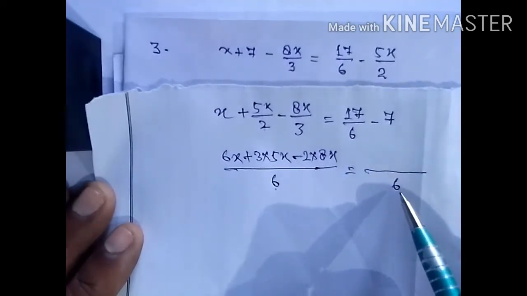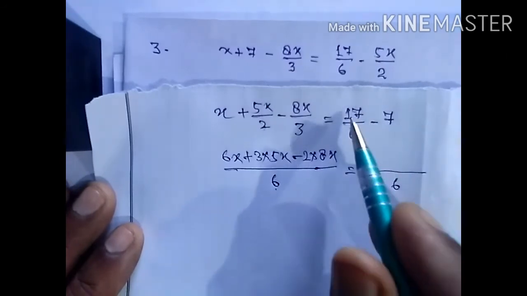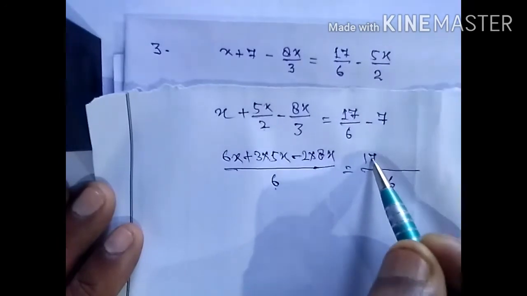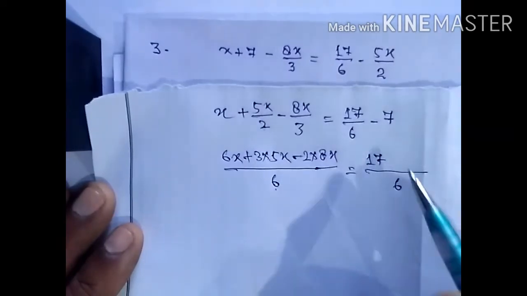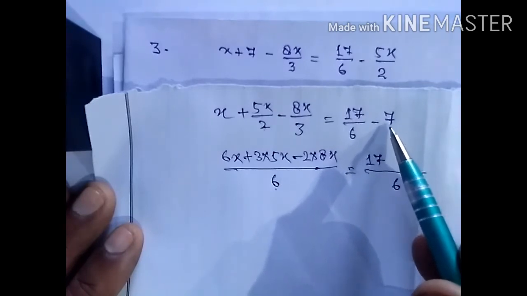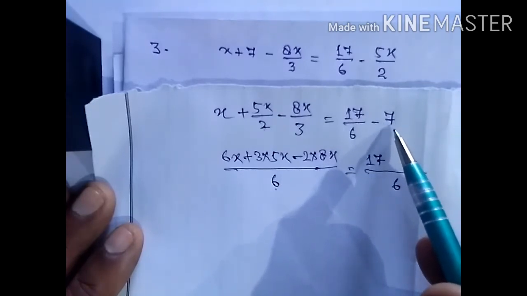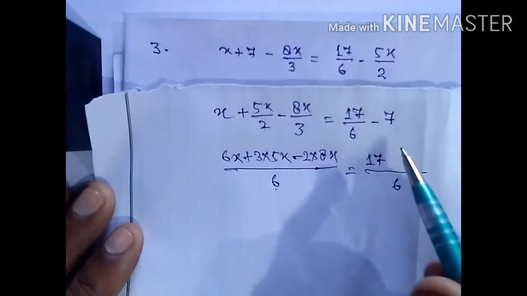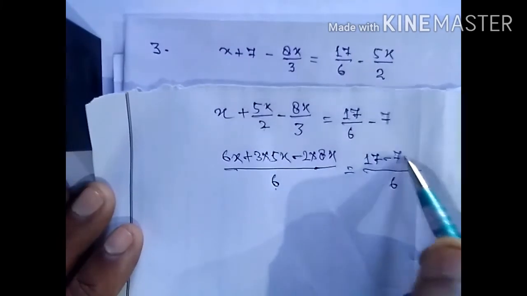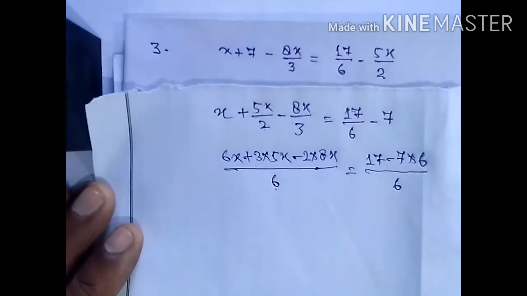So after taking this LCM 6, this one 17 by 6, so it will be 17, and minus 7 this one. So now this one is 7 by 1, 1 6s are 6. So we have to multiply this minus 7 by 6, minus 7 into 6.